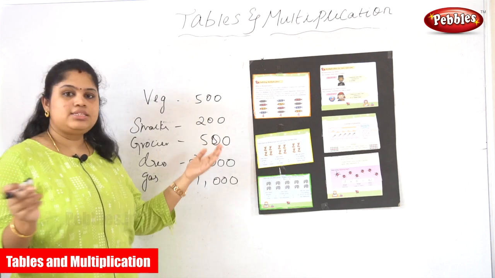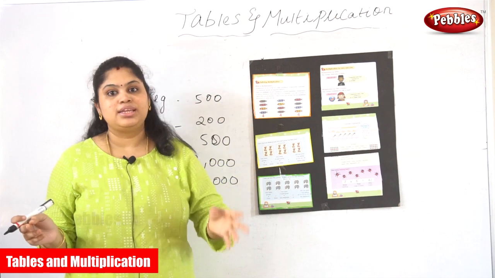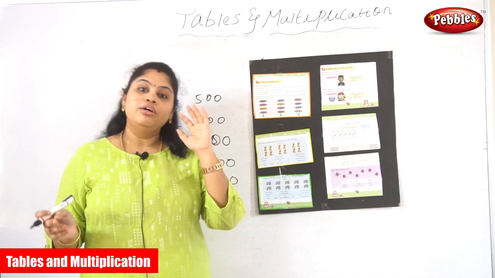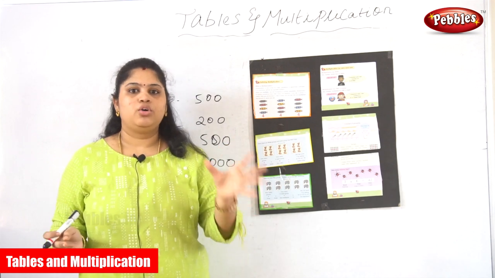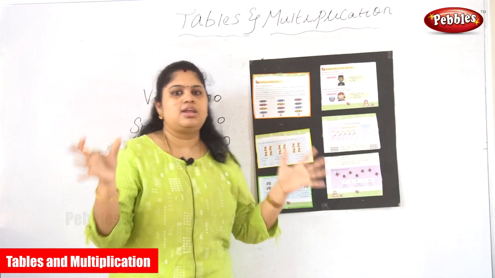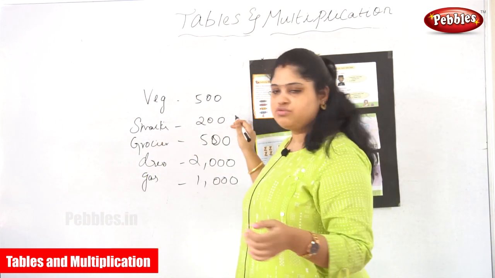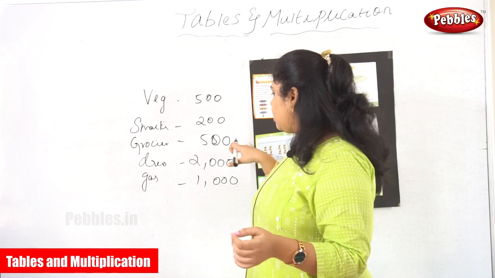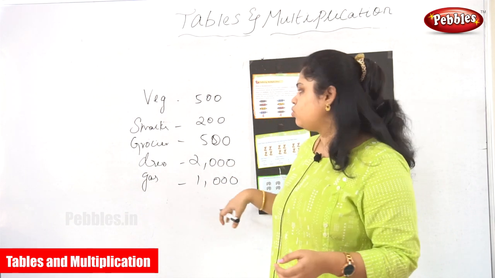This is a very celebratory time, Diwali. Of course we will buy a lot of dresses for Diwali, and accessories, and some extra things. So I have taken vegetables for 500, snacks for 200, groceries for 500, dress for 2000, and petrol or diesel for 1000 rupees.